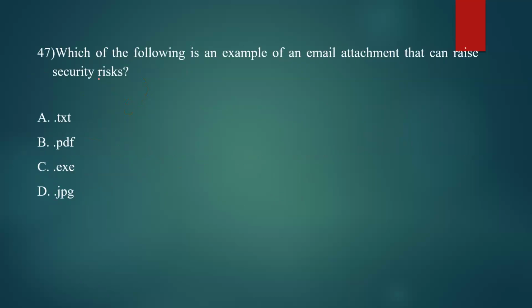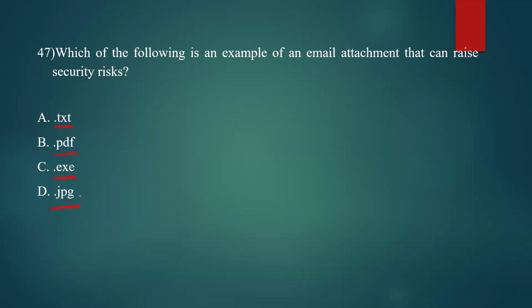47. Which of the following is an example of an email attachment that can have some security risk? Which category has some security risk? Where have you seen these things: .txt, .pdf, .exe, .jpg?